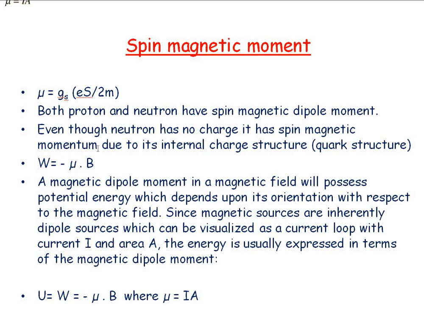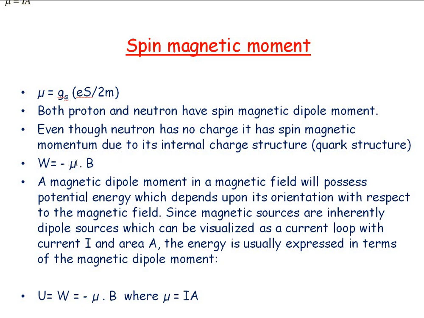So when it is placed in an external magnetic field B, the charged particle having mu will have an additional potential energy, W equal to minus mu dot B.